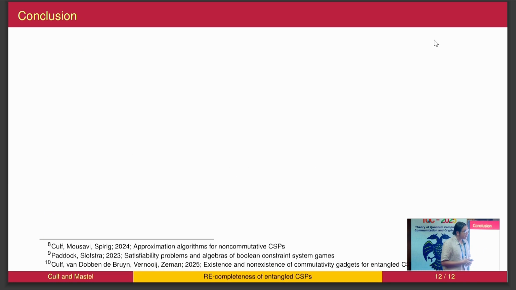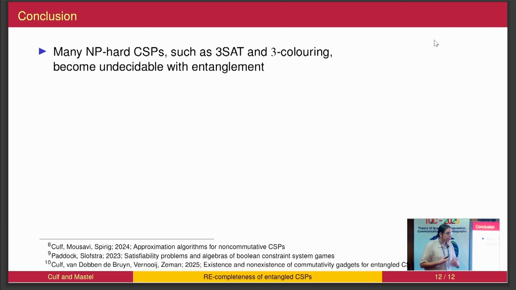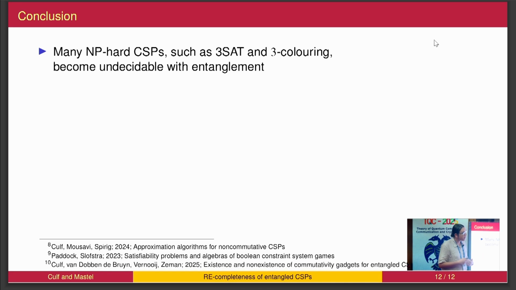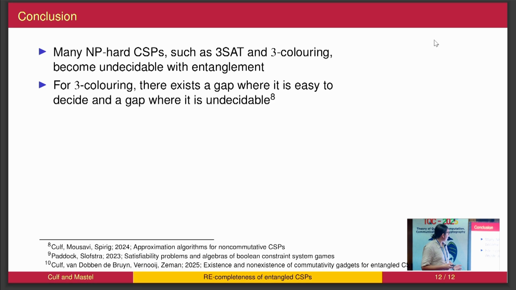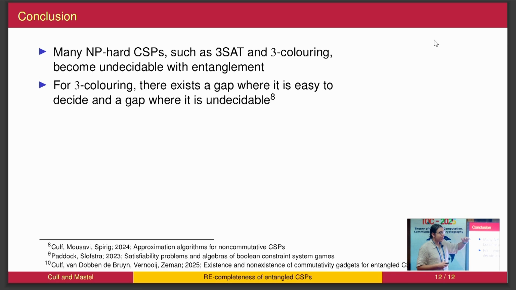So to finish, what we show is that many NP-complete CSPs do end up becoming RE-complete when you play them as a non-local game. Due to some earlier work, it's known that there's a gap below which it becomes easy to approximate 3-SAT, and now because of this work, we know that there's a gap above which it becomes undecidable.